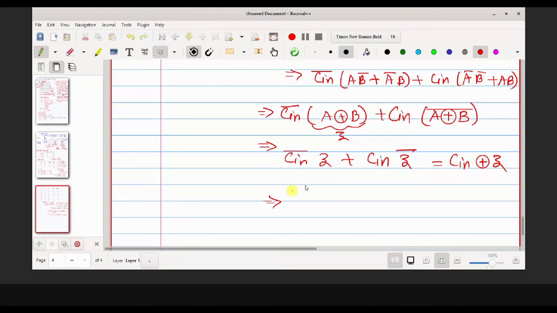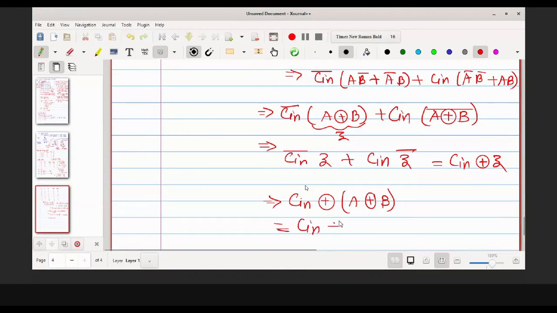Z is nothing but A XOR B. So we know with Boolean algebra that it is XOR of A, XOR of B. So this is my sum result.